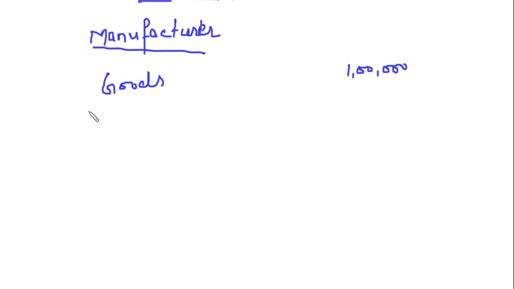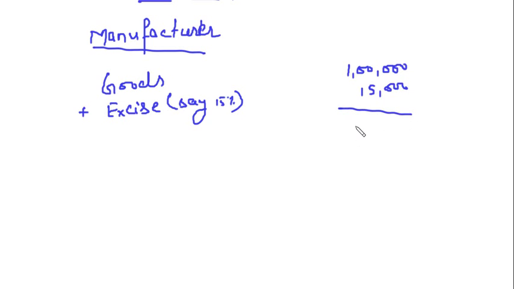Whenever you produced the goods, you had to pay excise on that. Say 15% excise, 15,000. Now your cost of goods has increased to 1,15,000.